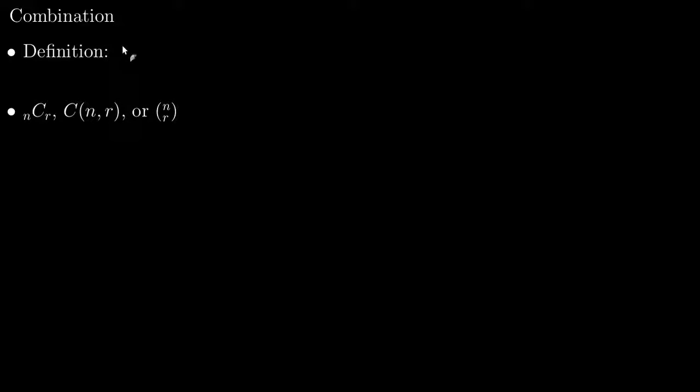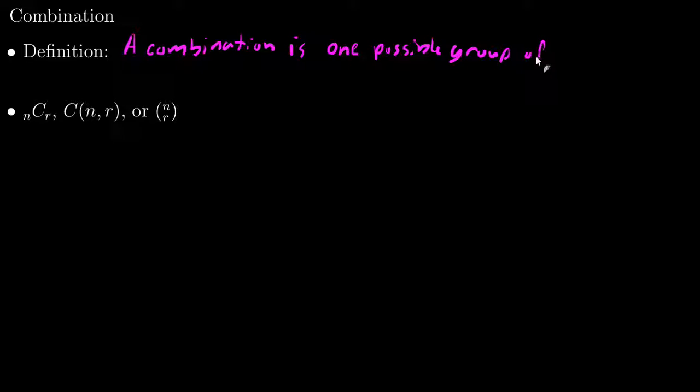So, a combination is one possible group of elements.